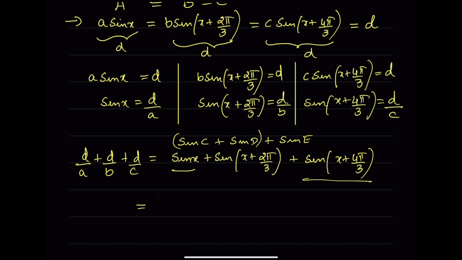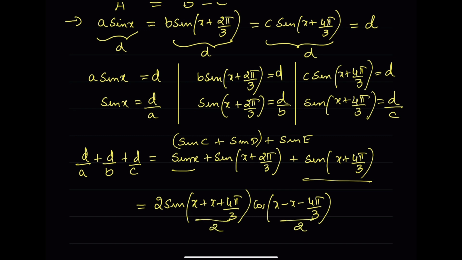So this is sin C plus sin D. So the formula is 2 sin of (C plus D) by 2 multiplied by cos of (C minus D) by 2. So let's apply that. It is sin of (x plus 4 pi by 3) and cos of (x minus 4 pi by 3), correct? This is divided by 2, this is divided by 2.